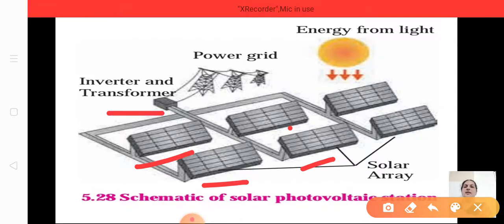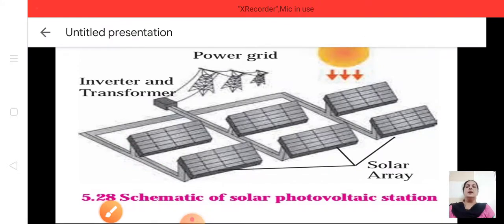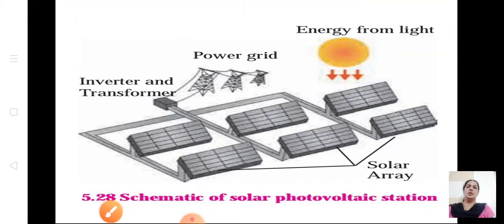The energy from sunlight goes to the arrays, and then it is converted by the inverter, and from the transformer it will be connected to the household requirement. This is the schematic of a solar photovoltaic station. This is one type of energy we get directly using the solar photovoltaic cell.